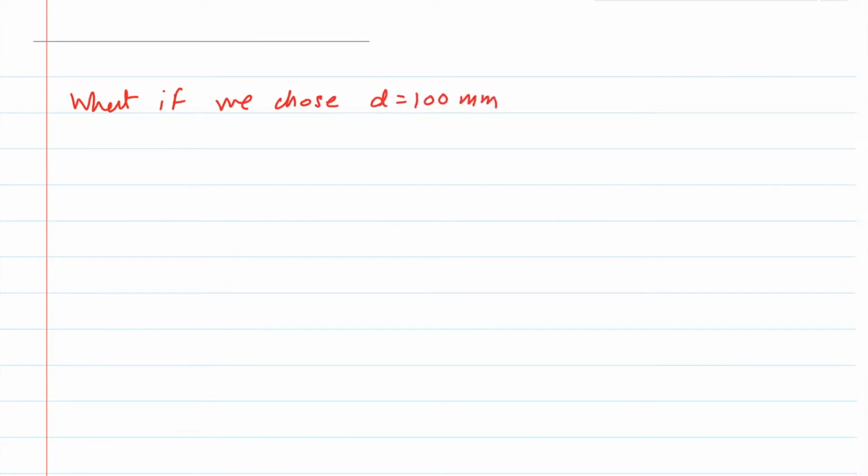Okay, so let's say if we did choose a 100 millimeter, let's see what happens. Let's compute the stress. That's P divided by A. So that's 10 divided by pi times 0.1 squared. Let's quickly do that calculation. So I get 1273.2.